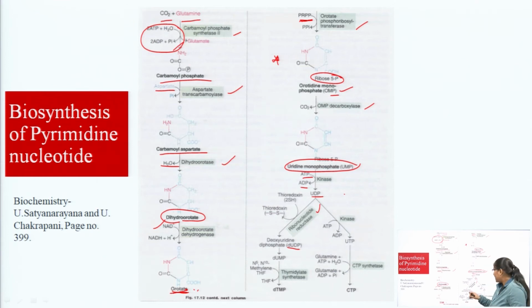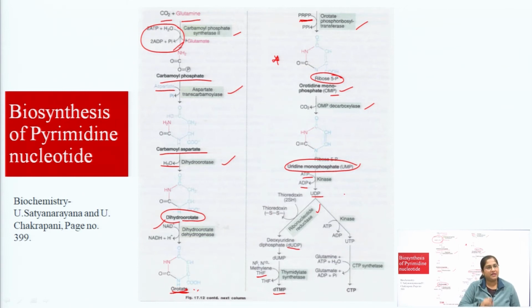Once we have our dUDP, likewise we can convert it into dTMP by the use of another energy molecule and THF. THF is again very important here. There it was N10 formyl THF in the purine nucleotide.